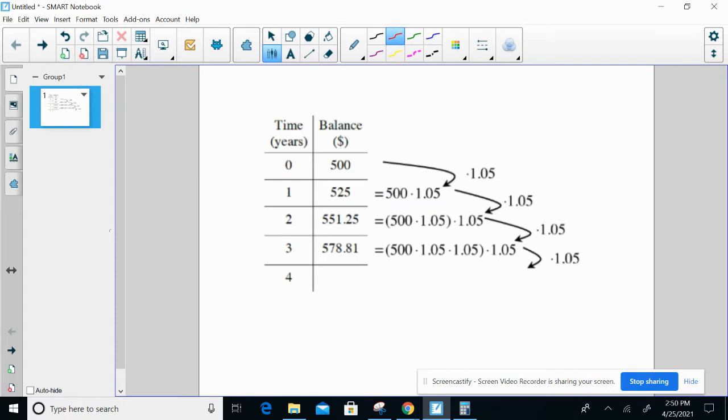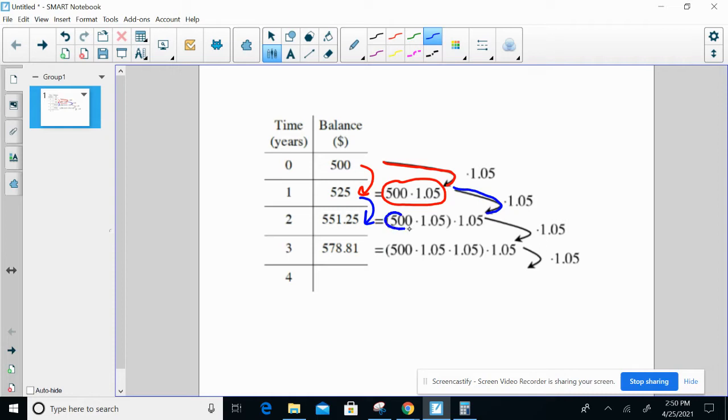Let me use some different colors here. From 500 to 525, we took 500 times 1.05, okay? That's in red, all one step. Then we didn't just take 500 times 1.05, we took 525 times 1.05.